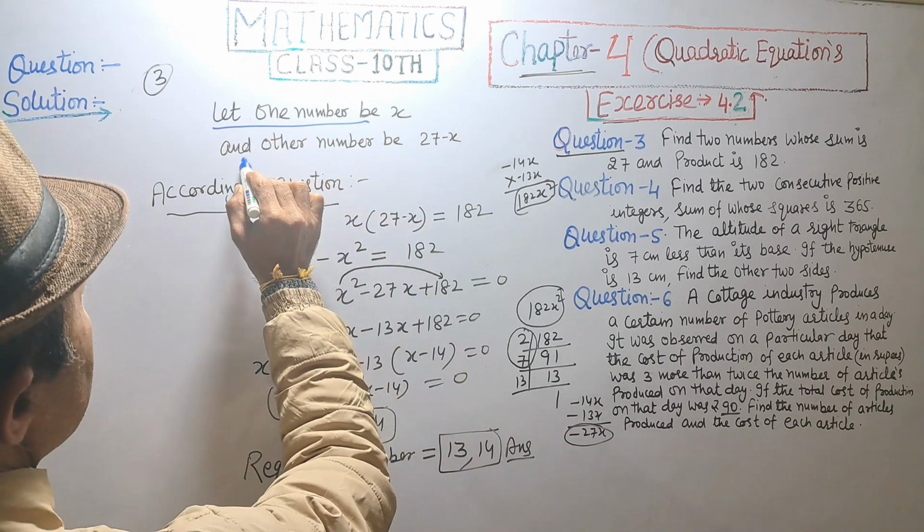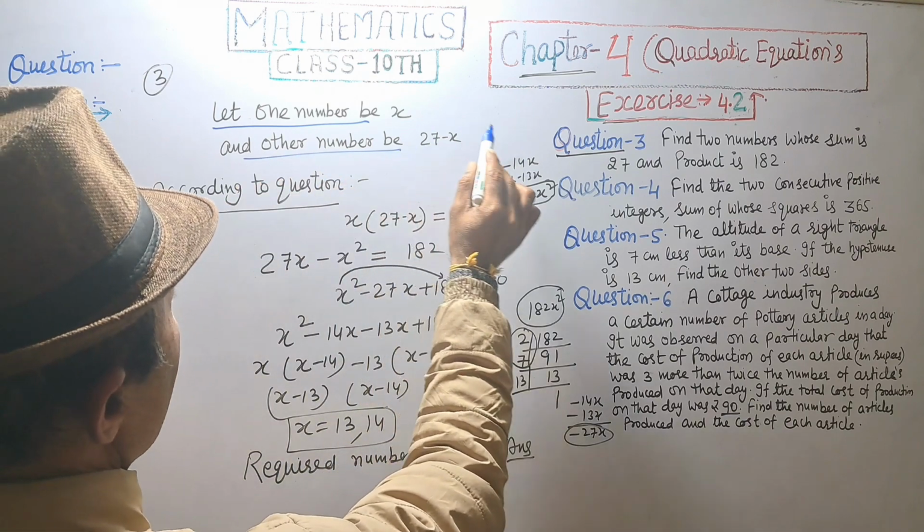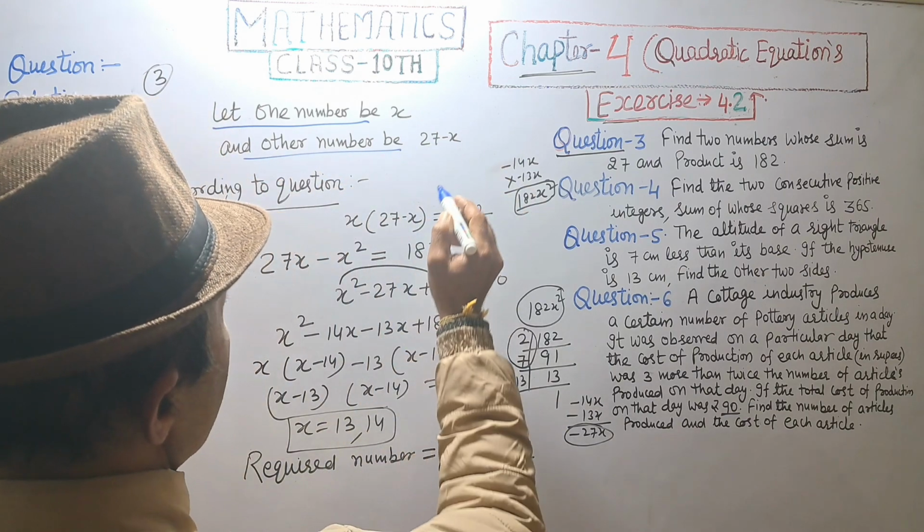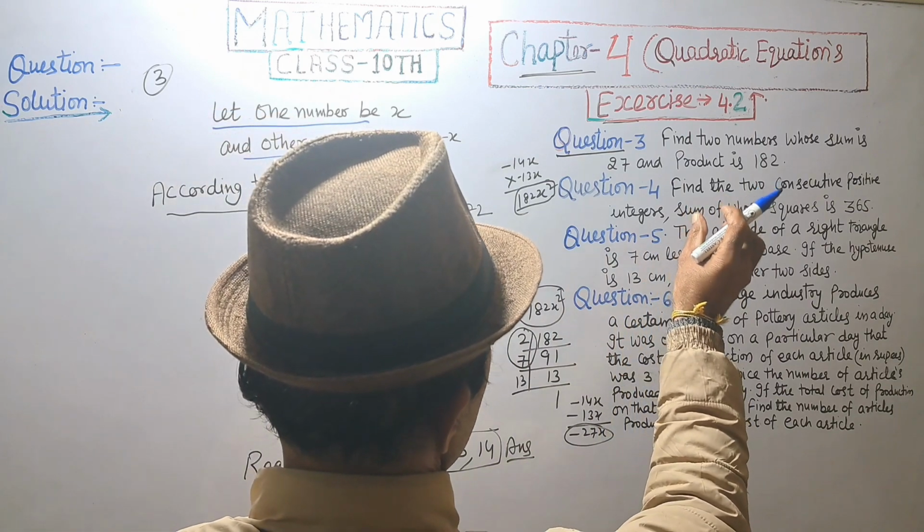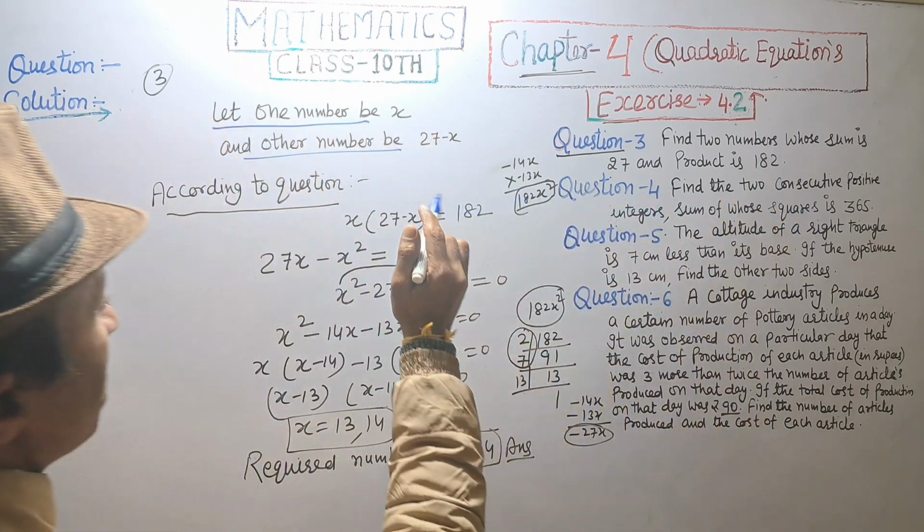Let one number be x and the other number be 27 minus x, because the sum of the two numbers is 27.